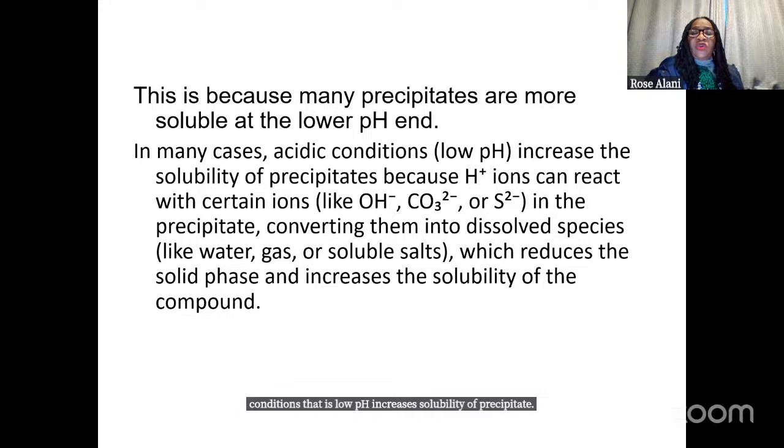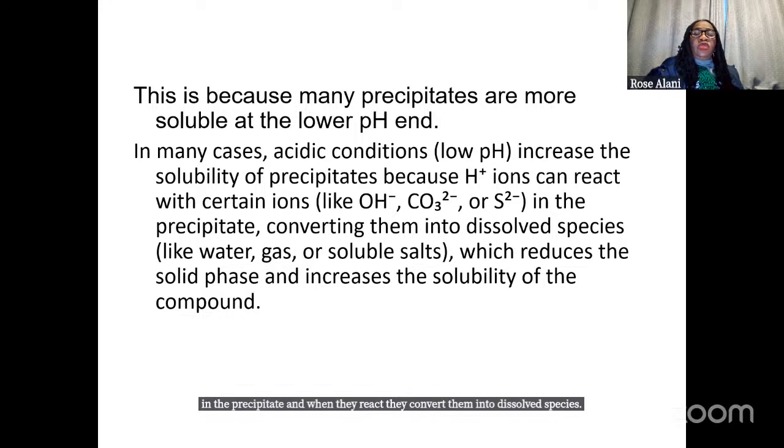Why is that so? Because the hydrogen ions in acidic conditions are plentiful, and these can react with certain ions like hydroxyl, carbonate and so on in the precipitate. And when they react, they convert them into dissolved species.